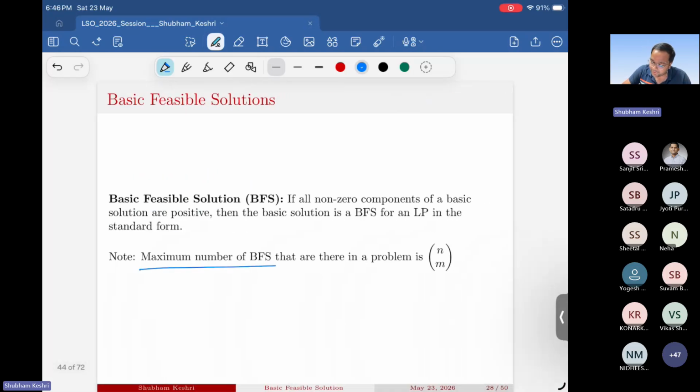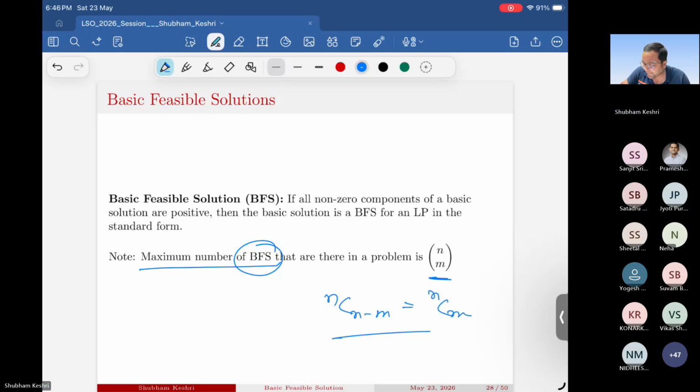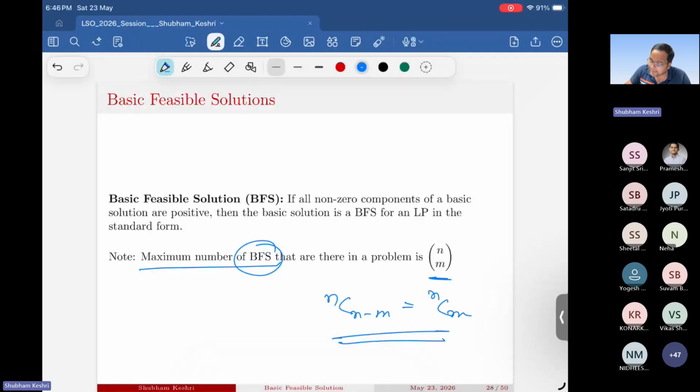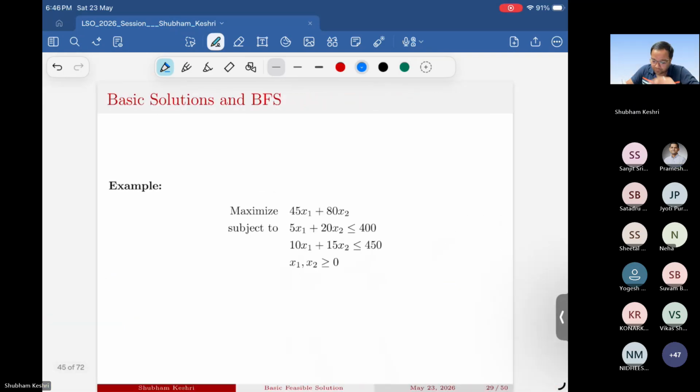And the maximum number of possible BFS you can have is n choose n minus m, which is also n choose m. Is it clear? So you can have at max n choose m basic feasible solutions. Is it clear? Okay, I suppose it is clear.